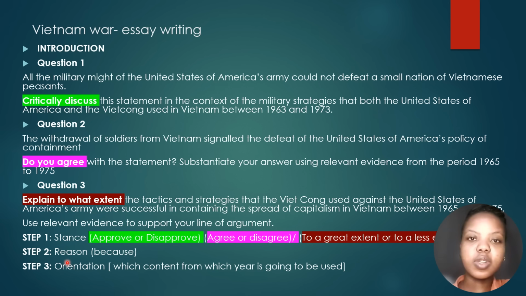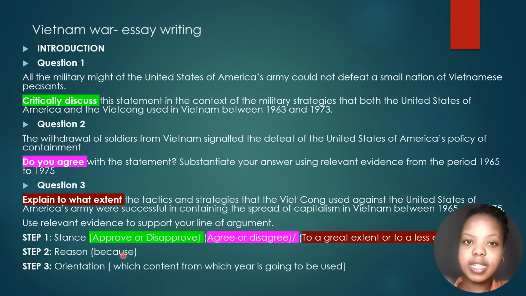Step number 2, you need to provide a reason as to why you have taken that stance. For example, let's look at question 2, which says the withdrawal of soldiers from Vietnam signaled the defeat of the United States of America's policy of containment. Do you agree with this statement? Let's say, for example, I say I agree. Now you have to provide a reason as to why you agree.